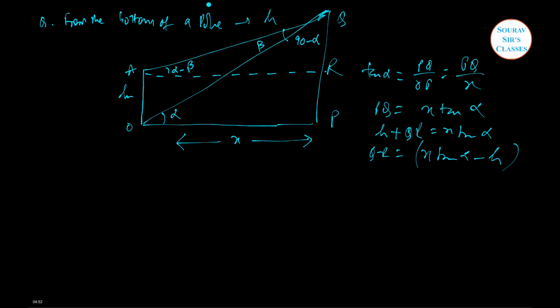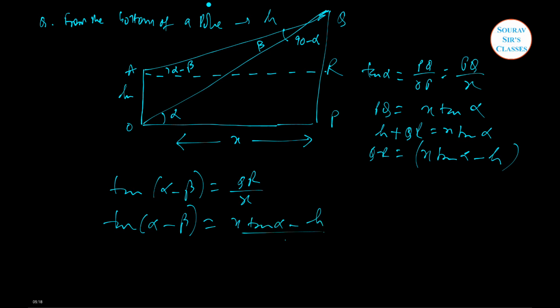So in the AQR triangle, tan of alpha minus beta equals QR by x. And after that we can put the value of QR as x tan alpha minus H.